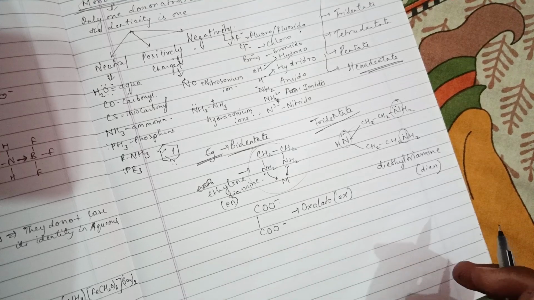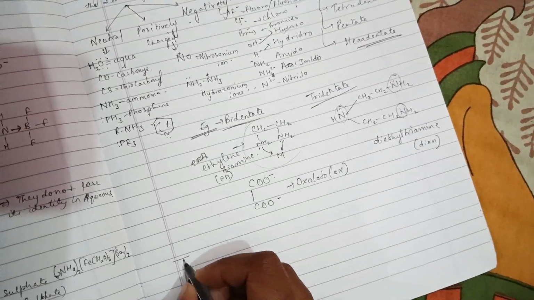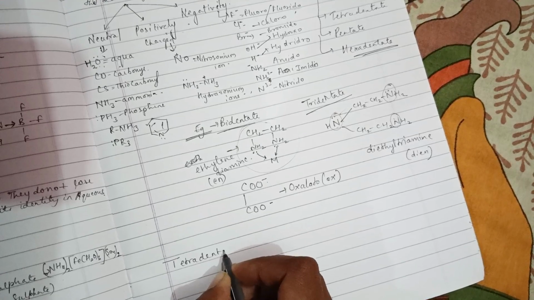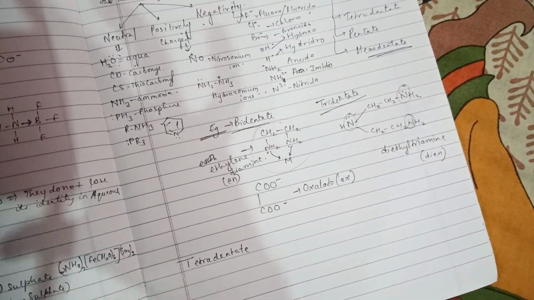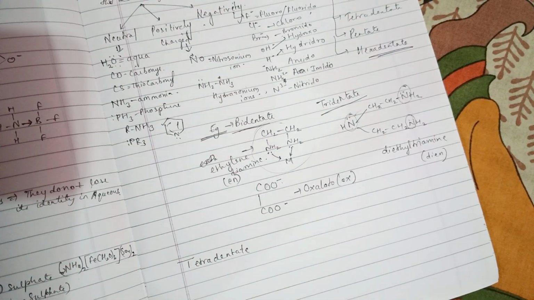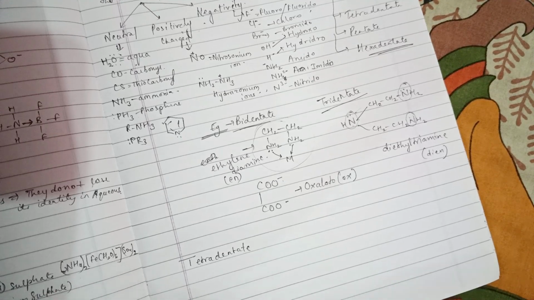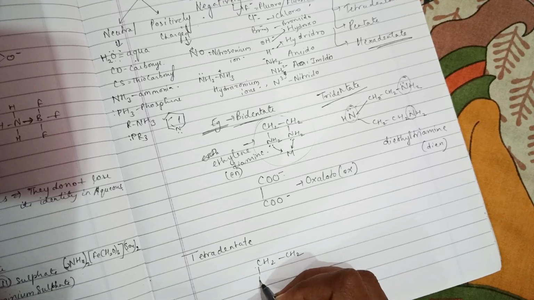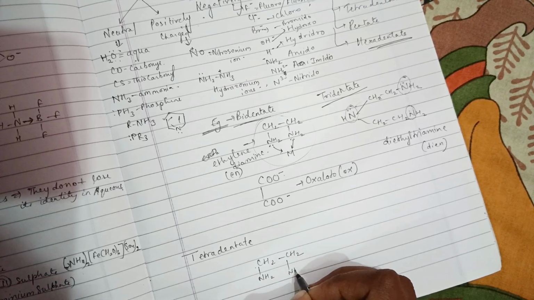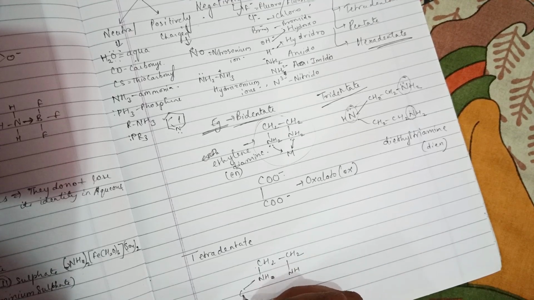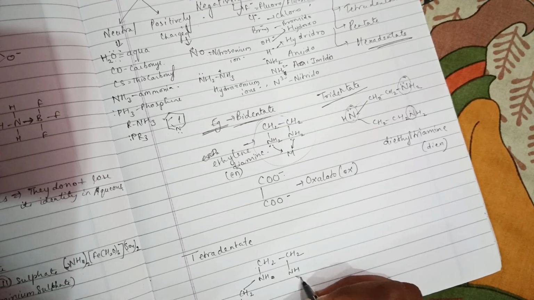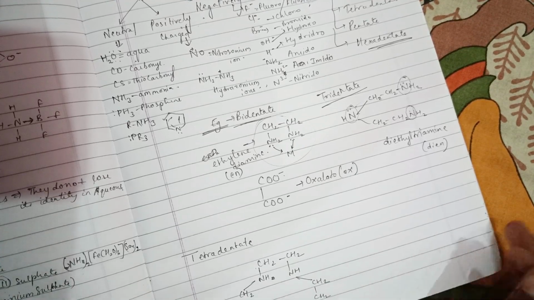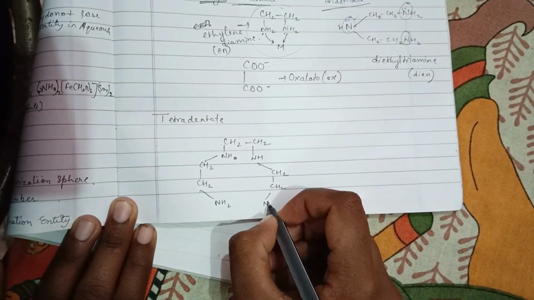Now an example of tetradentate. It has four donor atoms, with CH2CH2NH2 chains attached through NH groups.